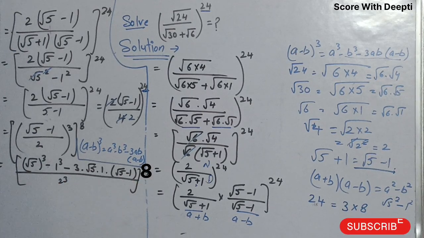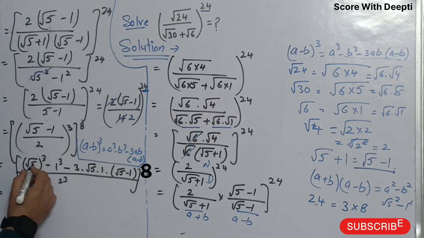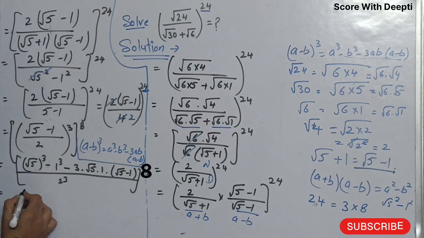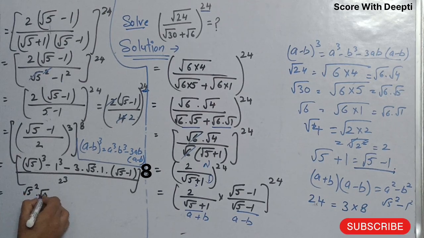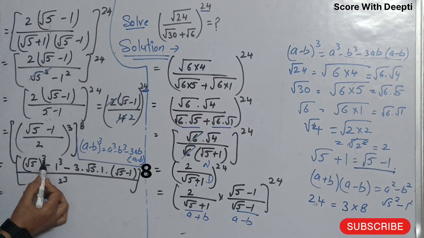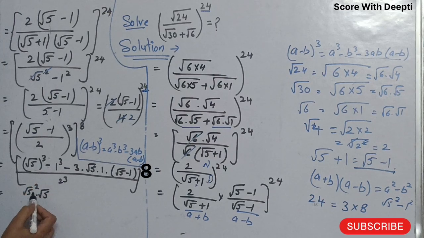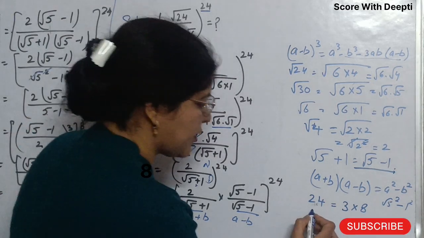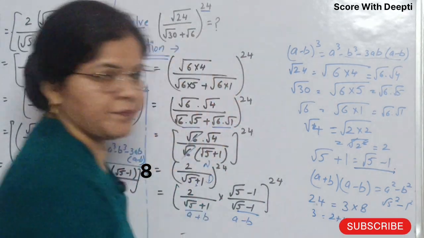Next we solve this and get this can be written as (√5)^2 into √5, so we solve this: 3 can be written as 2 plus 1.